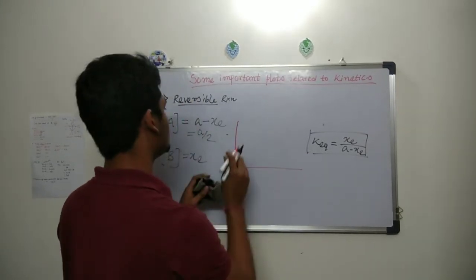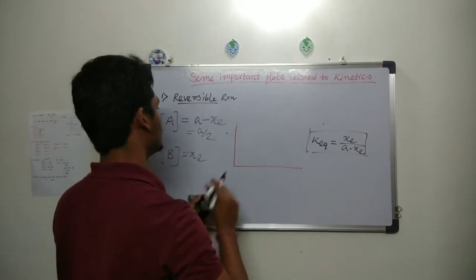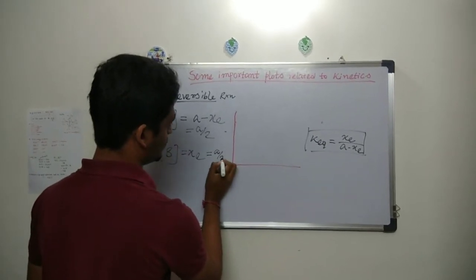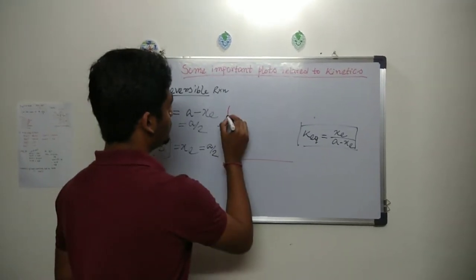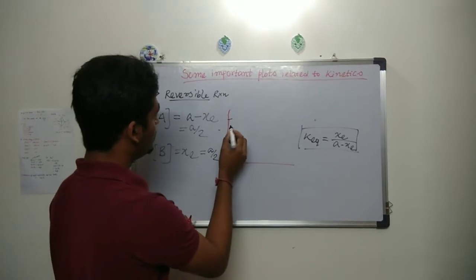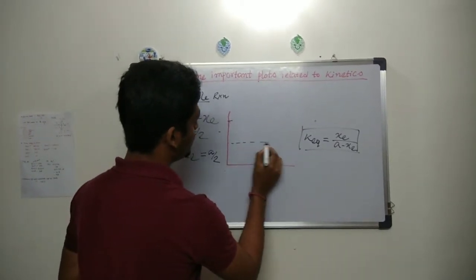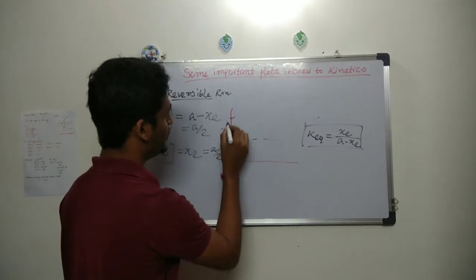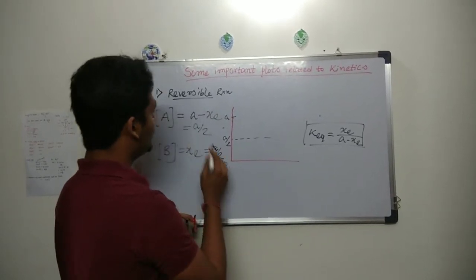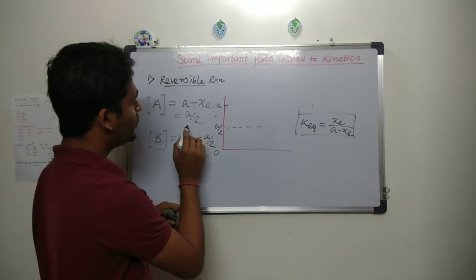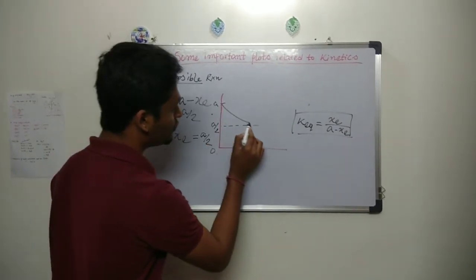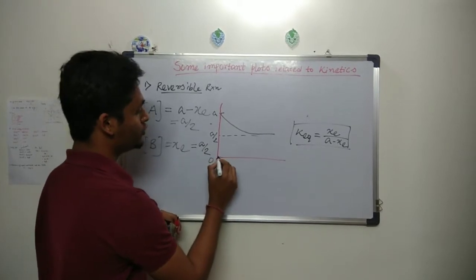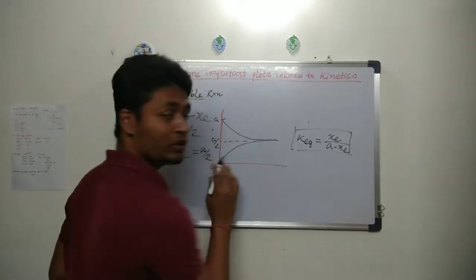This is A, and as both are coming A by 2, I am putting one point, that is A by 2. So A at equilibrium will reach up to A by 2, and B will reach up to A by 2. So this will be the plot.